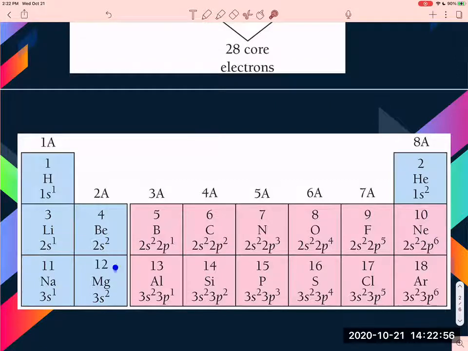These all have 2 valence in group 2, and then notice we skipped the transition metals, so we're moving all the way over here to boron and aluminum, which are group 3A, and they have 3 valence. Then we have 4 valence, 5, 6, 7, 8 valence. So for the tall groups, your representative elements, their group number tells you the valence, except for my little friend helium, which is an exception, only has 2 valence, doesn't have 8.